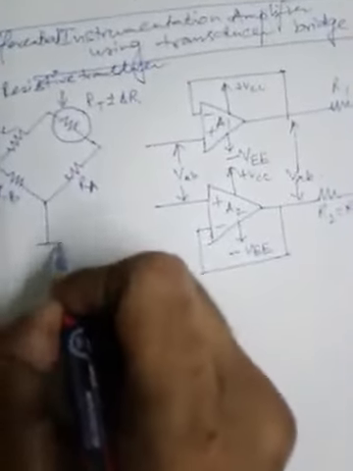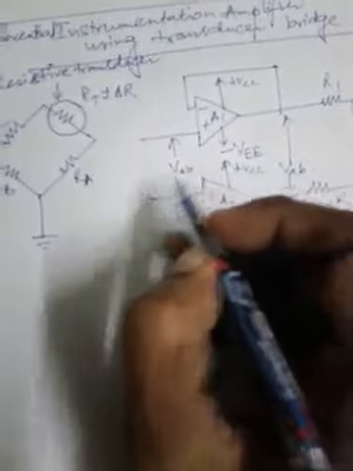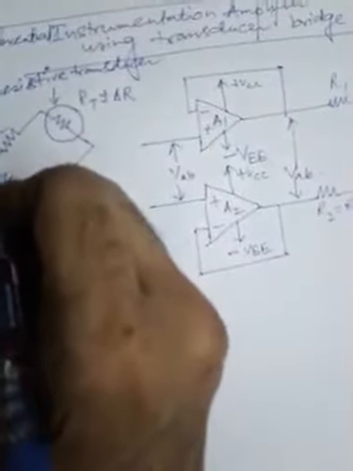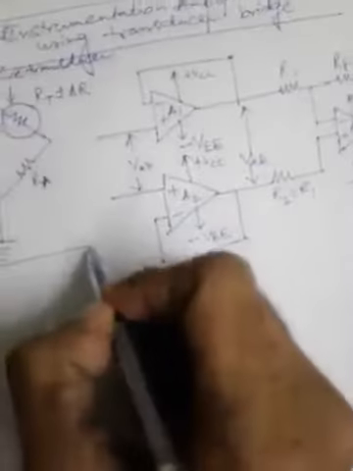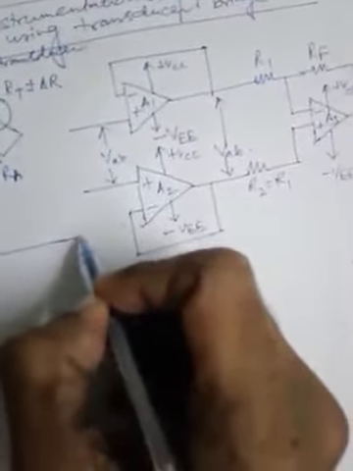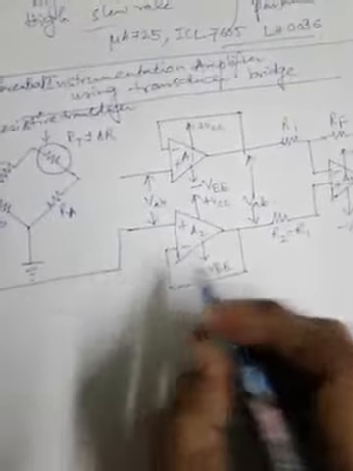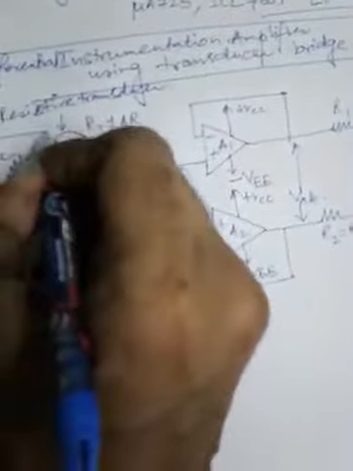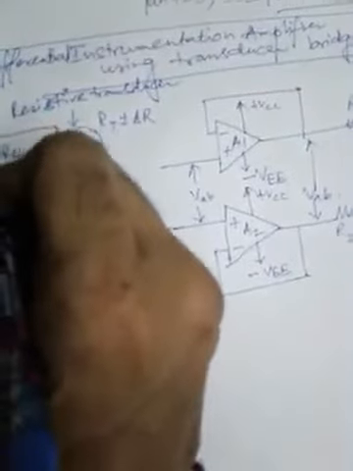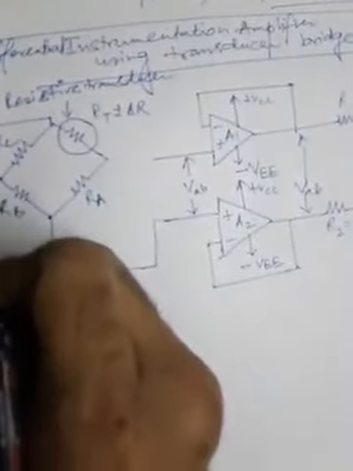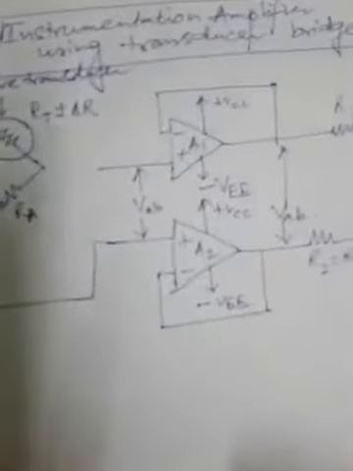This node is grounded, and from this particular node between RB and RC, it is connected to the non-inverting terminal of the op-amp with gain A2. A voltage source is connected, VDC, between these two opposite nodes, a DC voltage source, and this is VDC.